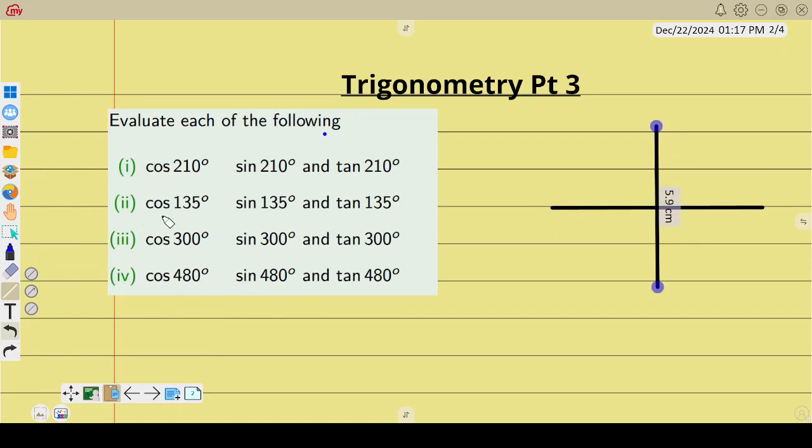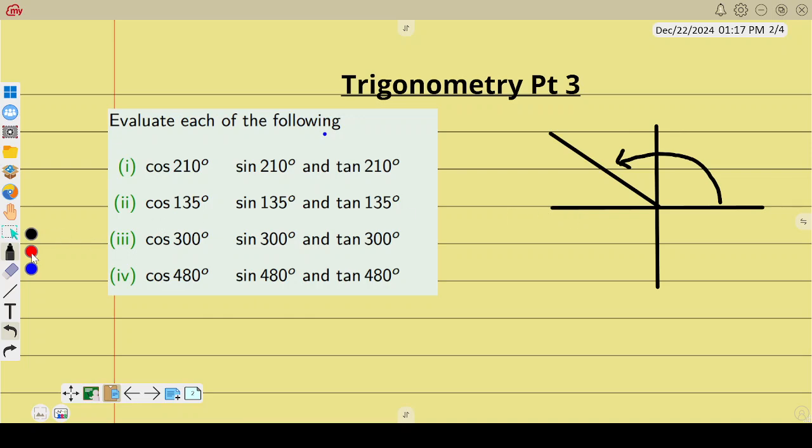The angle 135 degrees is somewhere here in the second quadrant, because after 90 we start going. You just approximate: 0, 90, 100, 135 will be somewhere there. When you reach this point, you have reached 180.